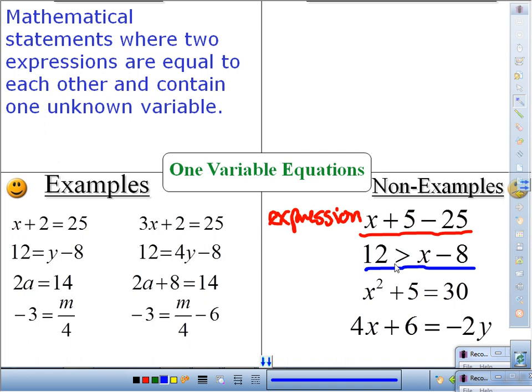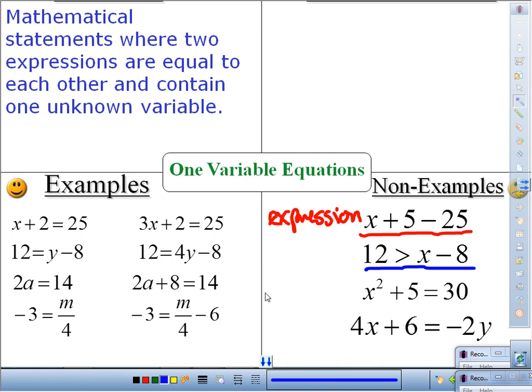For example, 4 minus 8, that's negative 4, and 8 minus 8 is another answer. Good. And if you were to say it in one or two words, why is this one not a one variable equation? Because there isn't an exact answer.